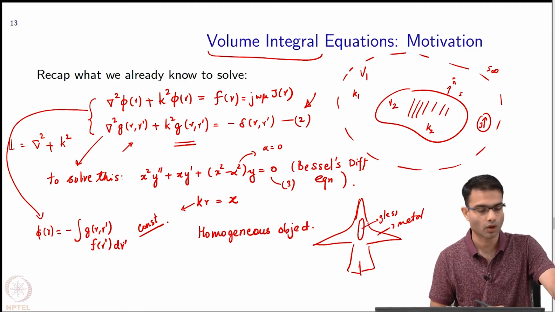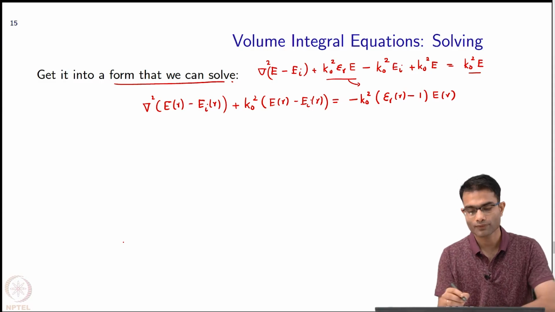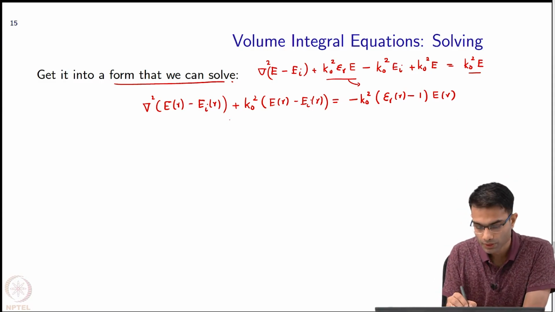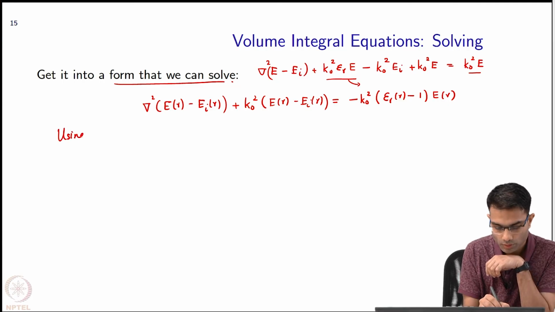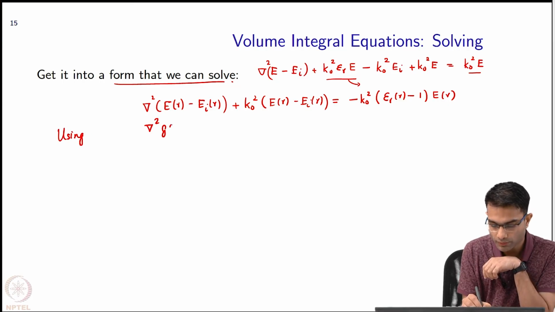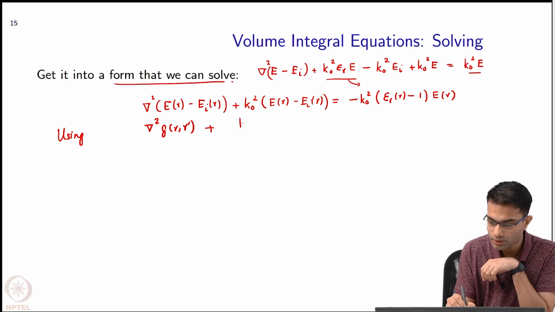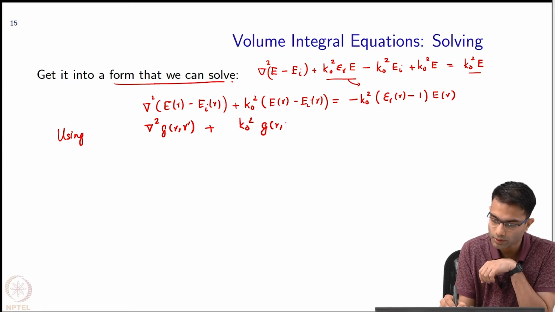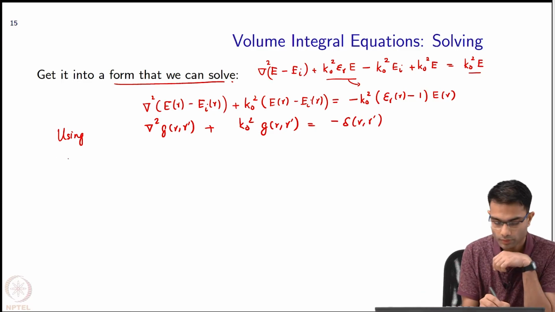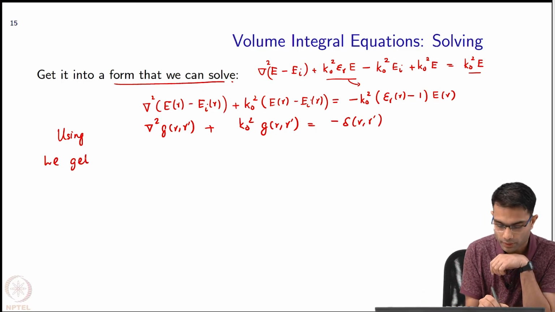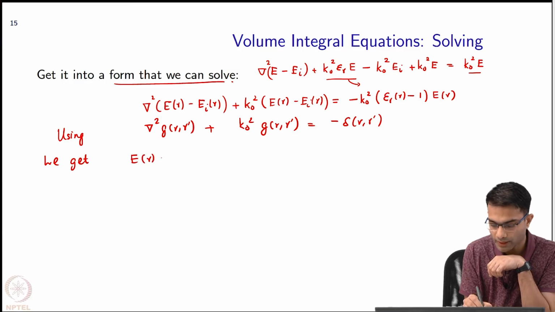Now we can make use of that for solving this equation. Using del squared g of r, r prime plus k naught squared g of r, r prime, we get, so the variable has to be held the same.